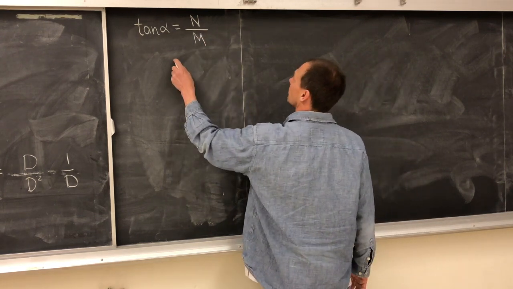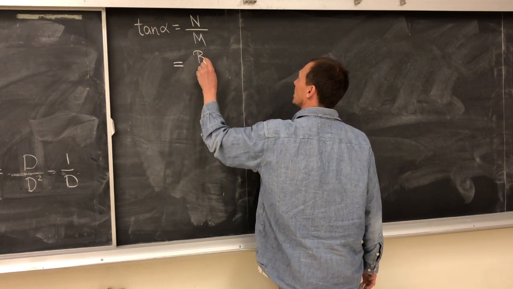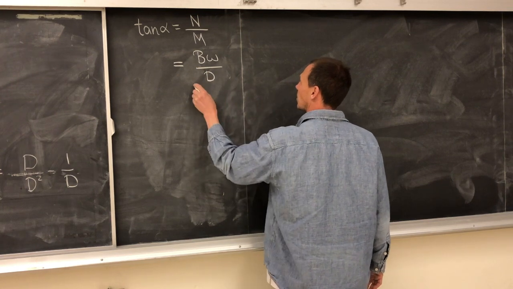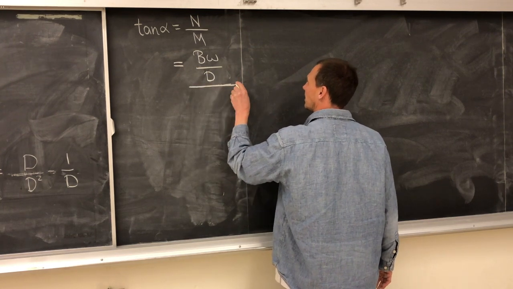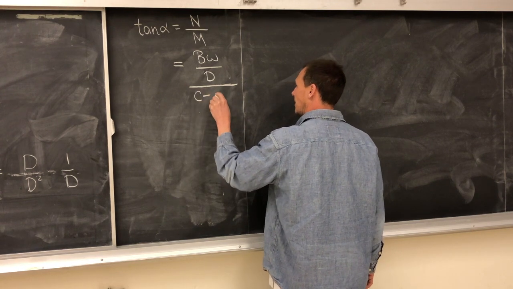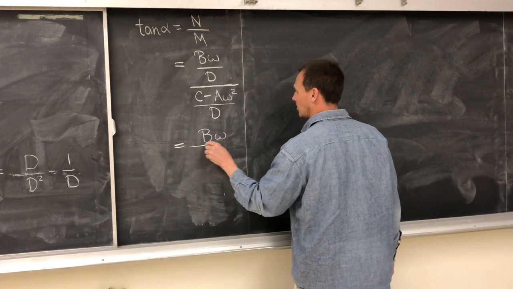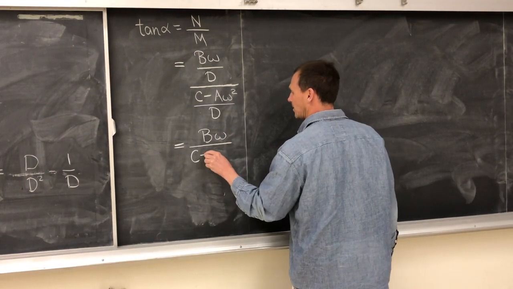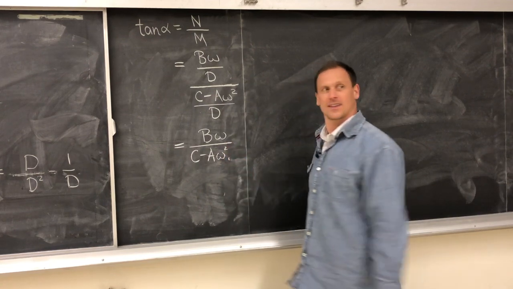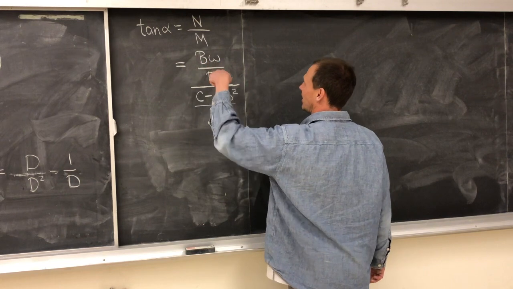Well, if we solve this, n is B omega over D, over (C minus A omega squared) over D. All right, let's simplify this.